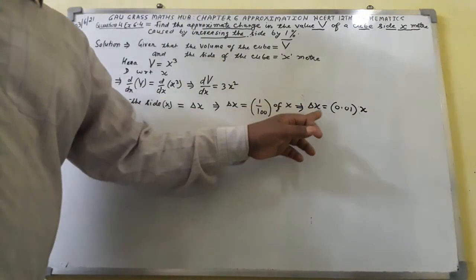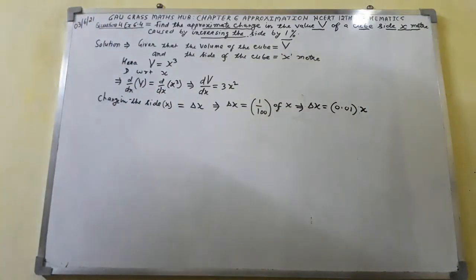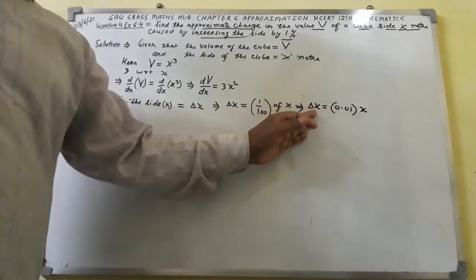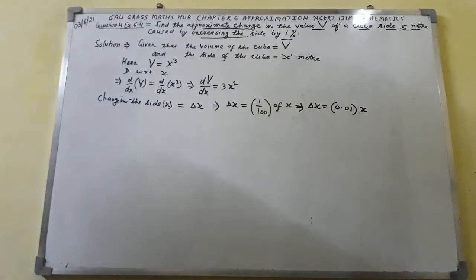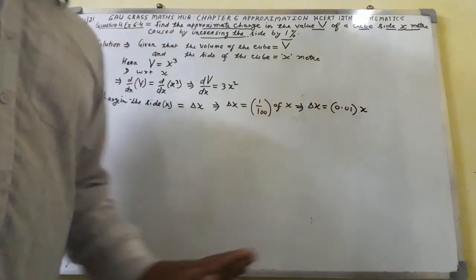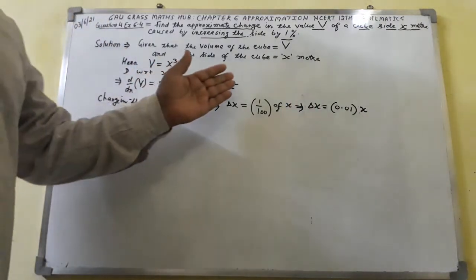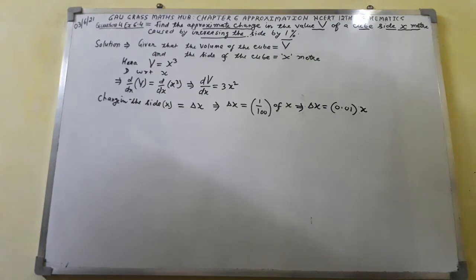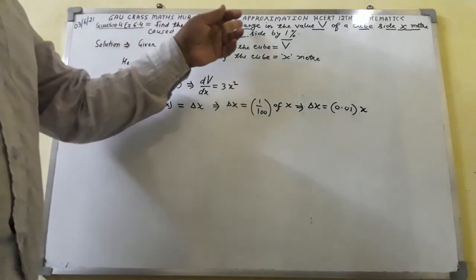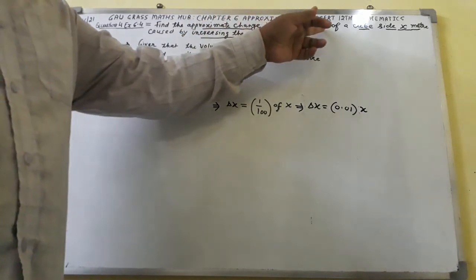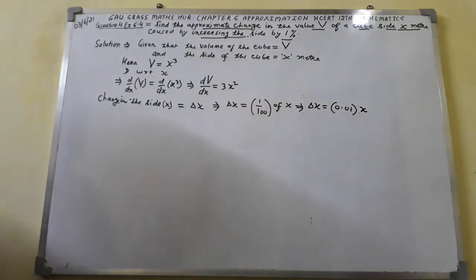Delta x is equal to 0.01 x. This value you have got. Delta x is the change in the side. The value of delta x we have got, and dV over dx you have got is 3x square. Now what do you have to find out? You have to find the approximate change in the volume V, so you have to find delta V.